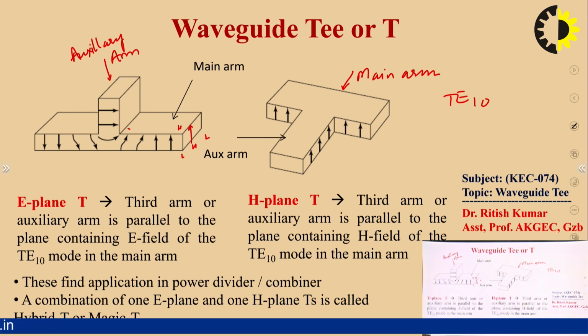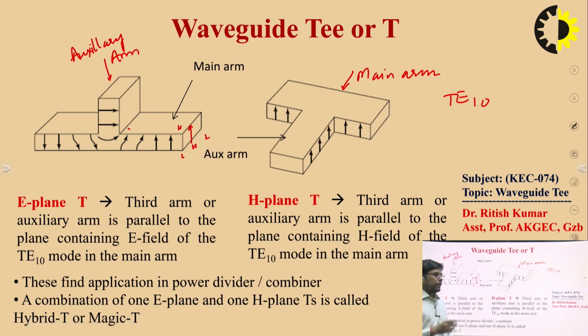If I talk in terms of plane, the field lies in this plane. This plane is known as the E plane, and perpendicular to this plane is the H plane.